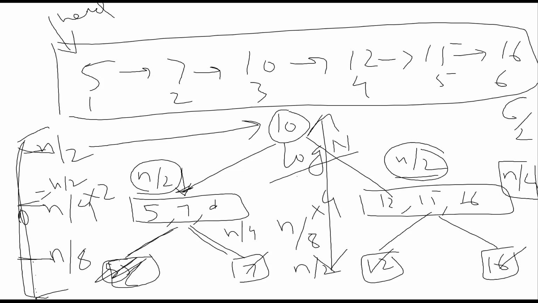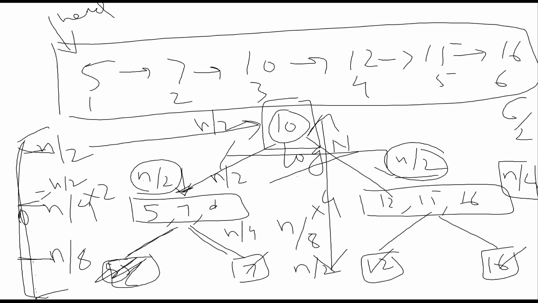So at first level, when we know the length is n, to find the middle, we have to traverse n by 2 elements. When we have length n by 2, how many times will we have to iterate to get the middle? N by 4, which is essentially n by 2 divided by 2. And there are 2 subtrees, which will essentially give us back n by 2 as the value.